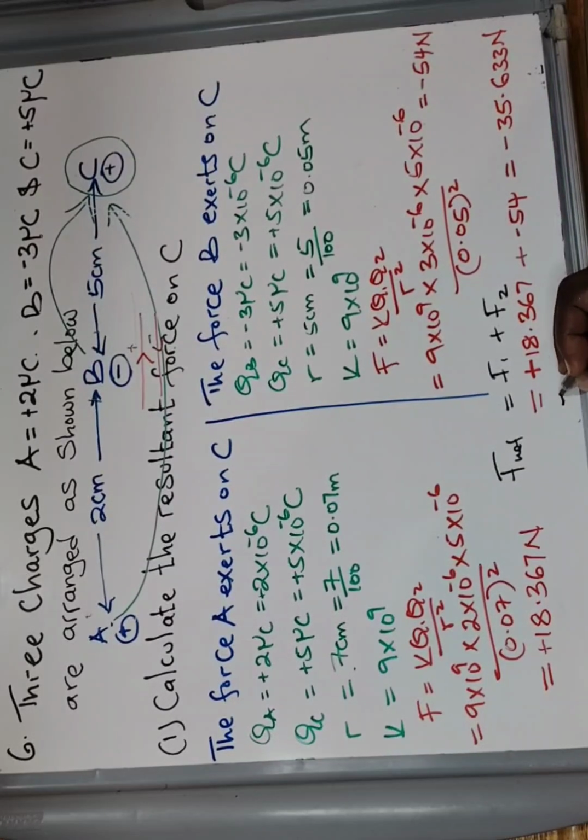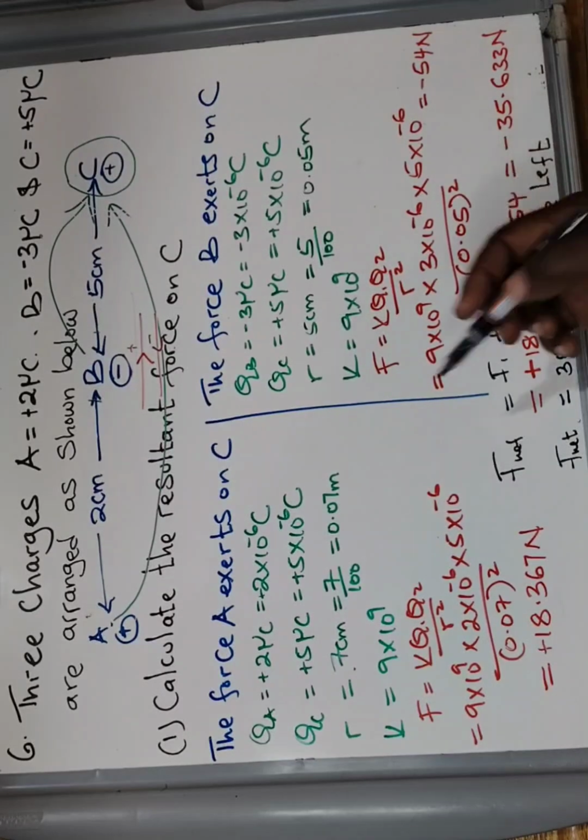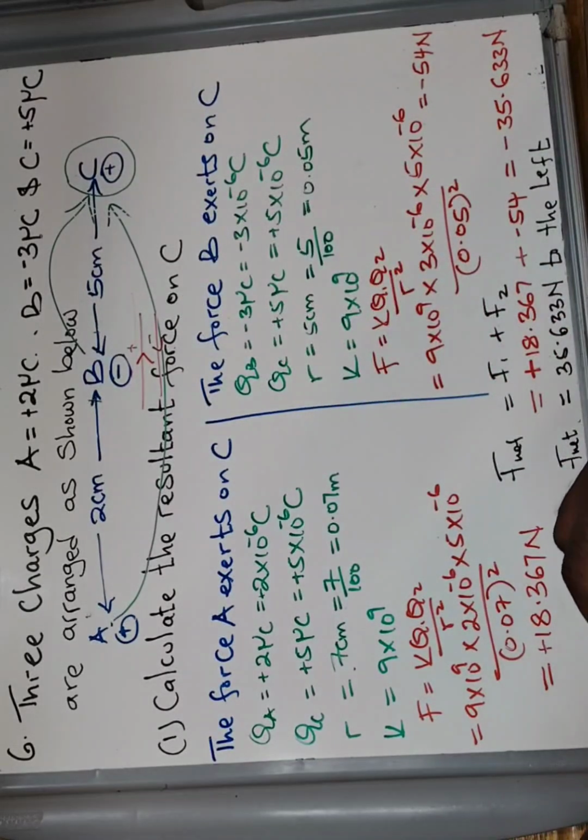So this is what we will have to know, that our Fnet is going to be equal to 35.633 newtons to the what? To the left, because we took left to be negative.